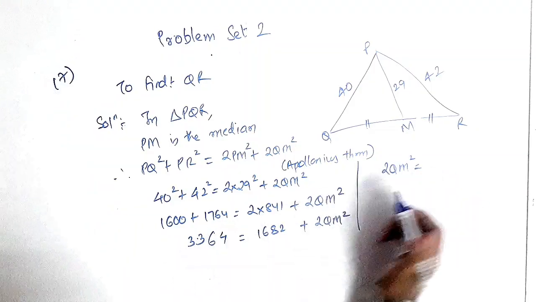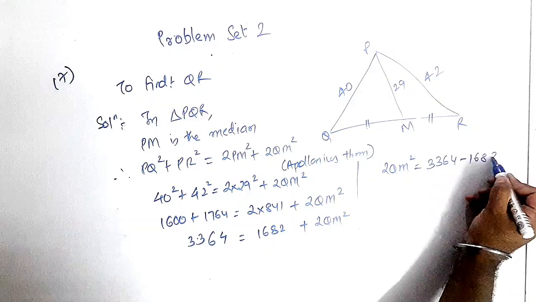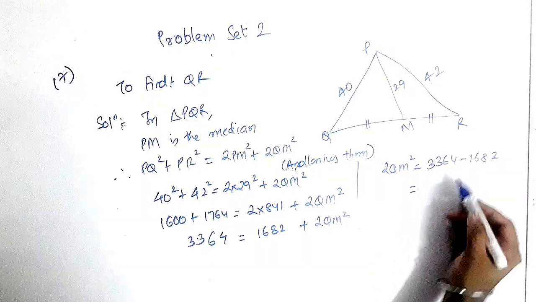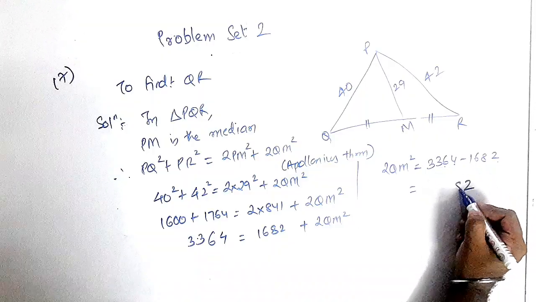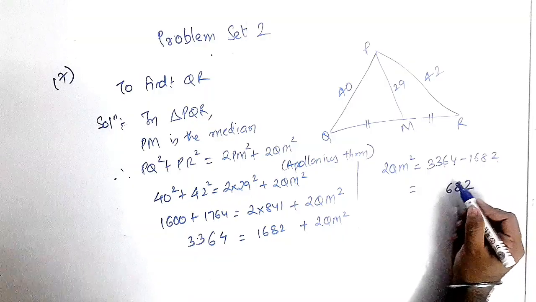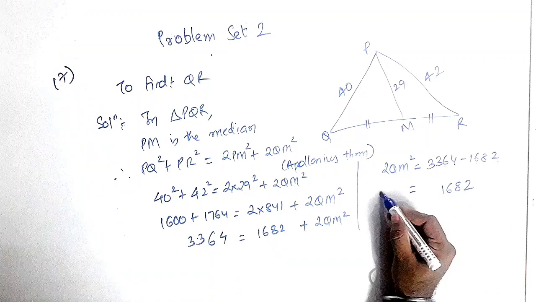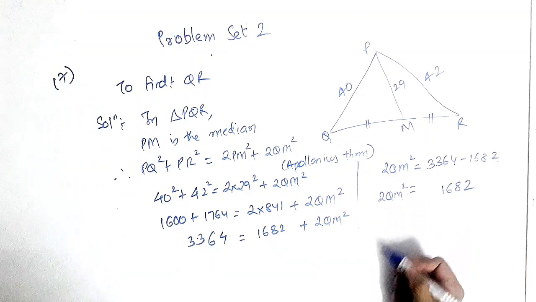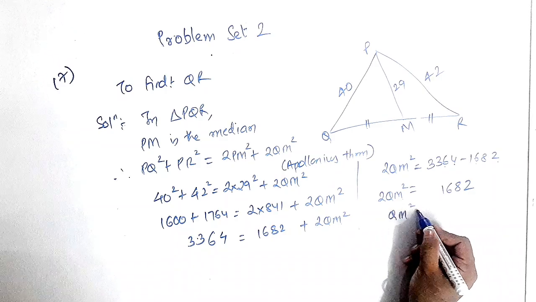2qm square is equal to, this will go there and get subtracted, 3364 minus 1682. Let us see how much is this. 4 minus 2, 2, 6 minus 8, borrow, 16 minus 8 is 8, 2 minus 1, 1, 3 minus 1, 2. 2qm square is equal to 1682.